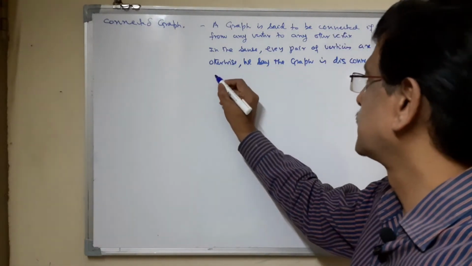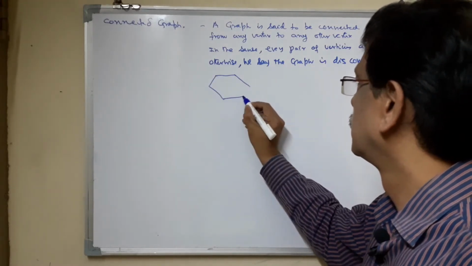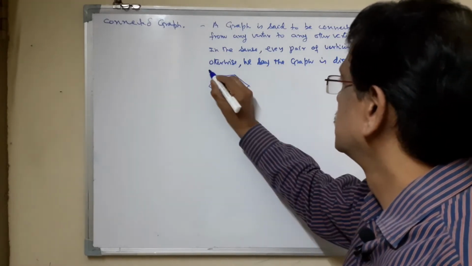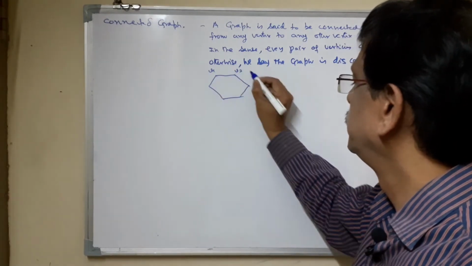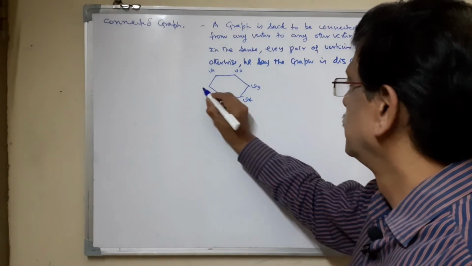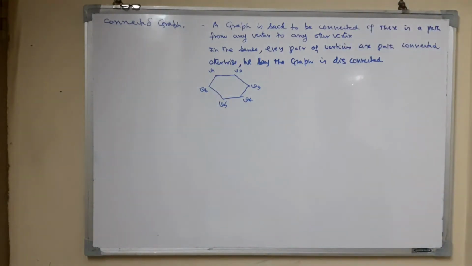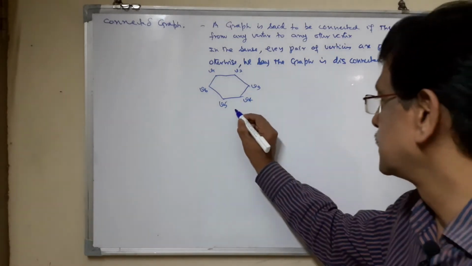We can see an example. This is connected. V1, V2, V3, V4, V5, V6. You can reach from any vertex to any other vertex. So this is connected.